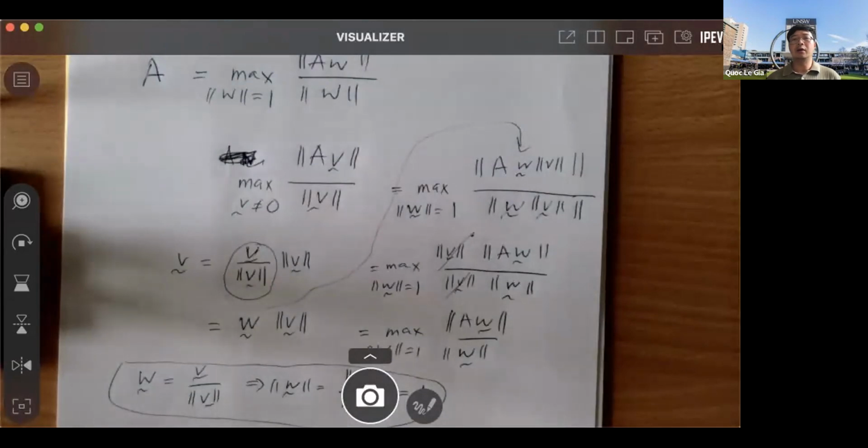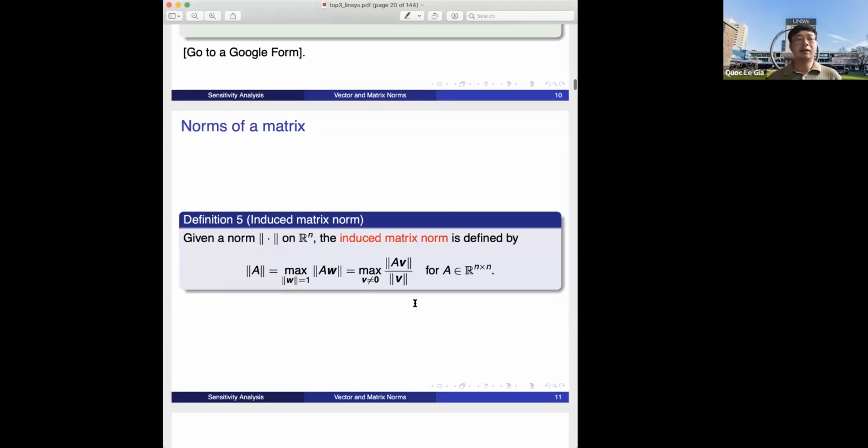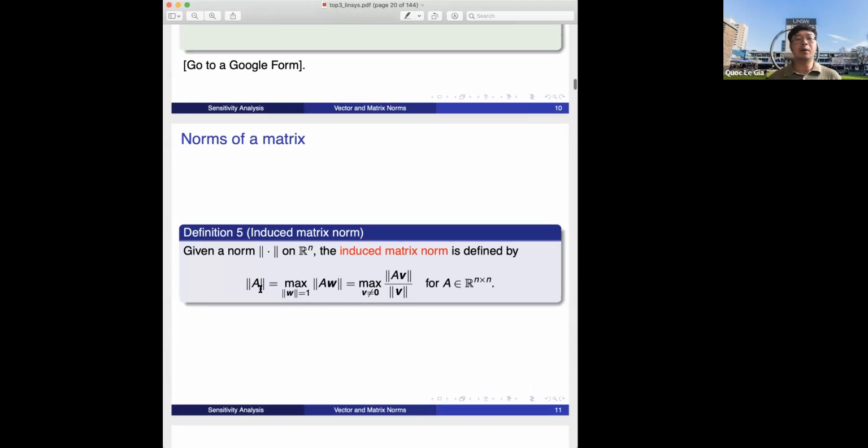Let's go back to the slide. Now you can see that the definition here doesn't depend on the norm. Any norm is okay. You can use the 2 norm, infinity norm, or the 1 norm. And you don't have to restrict yourself to R2.